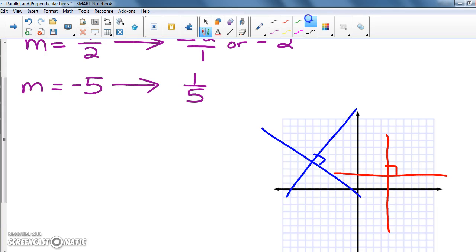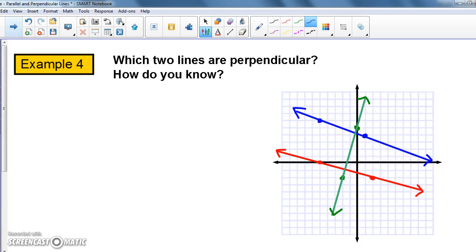But once again, you can't completely tell by looking, so you have to use the math and see if they're negative reciprocals. Okay, let's do an example with this one. Number 4 says, which two lines are perpendicular and how do you know? We're going to do the same thing we did before. We're going to find the slope of each line, and then we'll see which two are negative reciprocals.